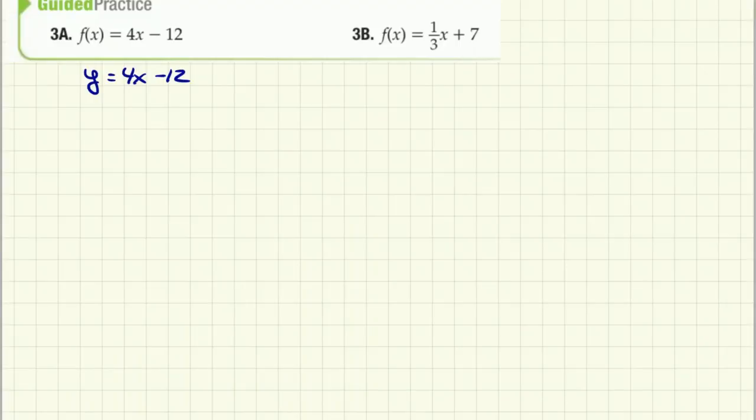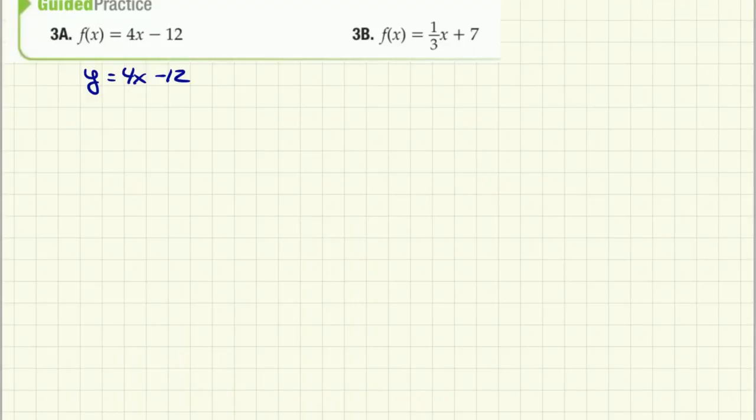The next thing that you have to know is something about inverse function notation. We know that function notation is f of x or g of x or whatever the name of our function is, and whatever the name of our input is. So it could be g of t or h of l or whatever it is. In this case, f of x is the name of the function and x is our input.